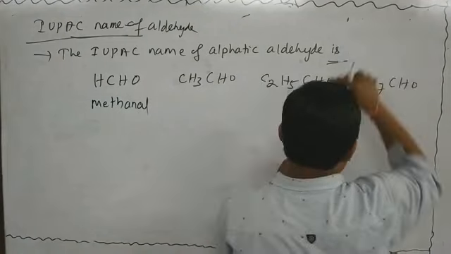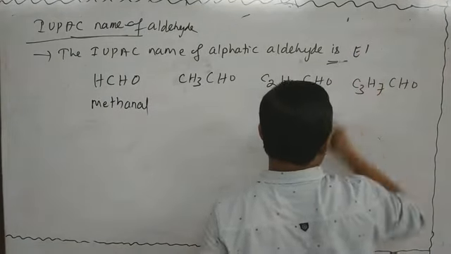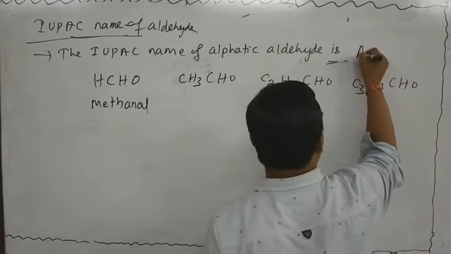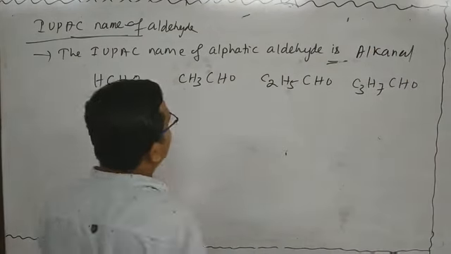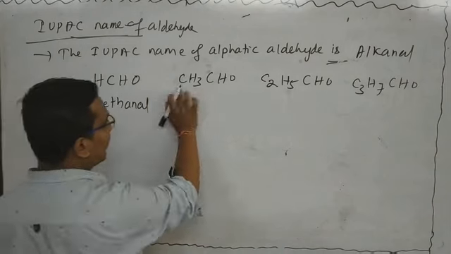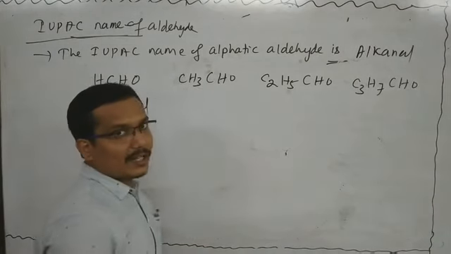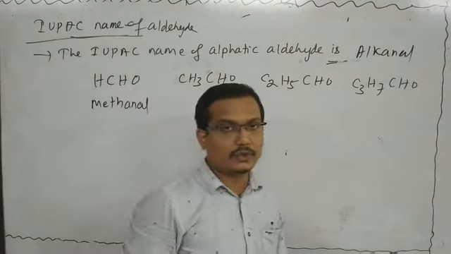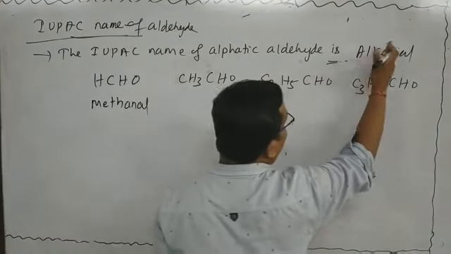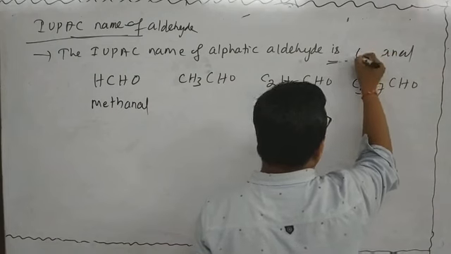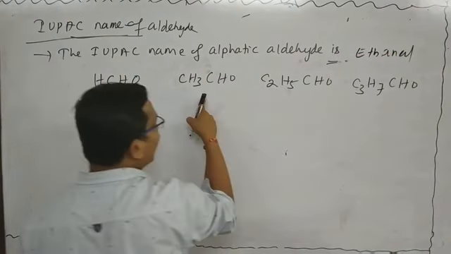Similarly, if you think about the second compound, the long chain contains two carbon atoms, and for two carbon atoms we use the word 'eth'. So now remove the 'e' and join the 'al'. Then what will be the name of the compound?